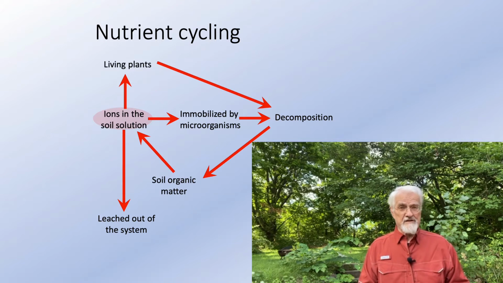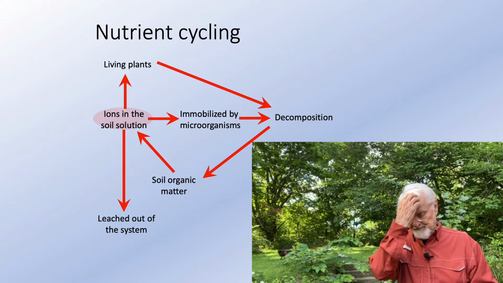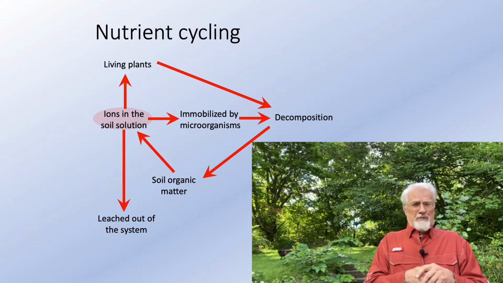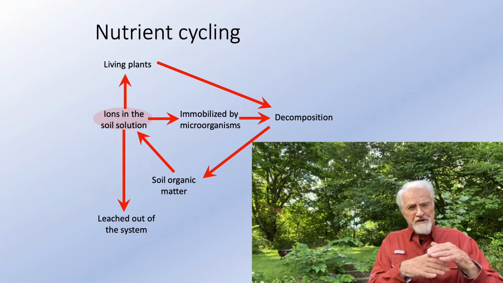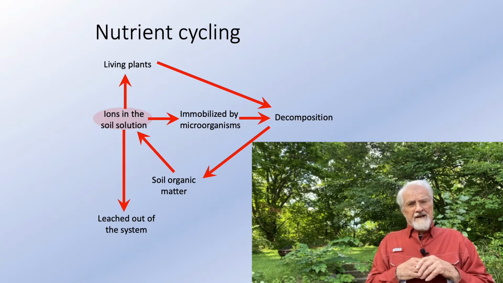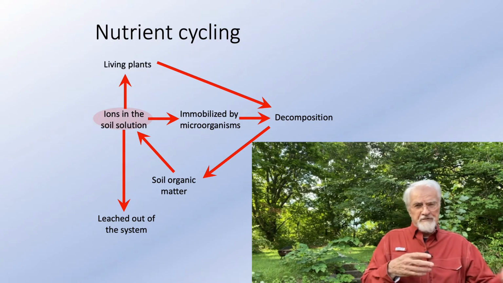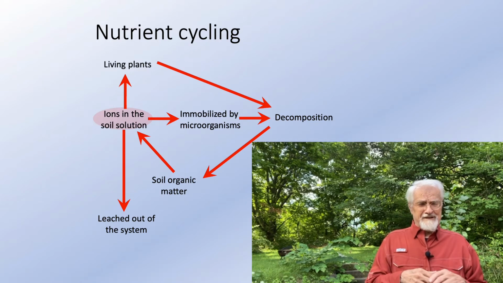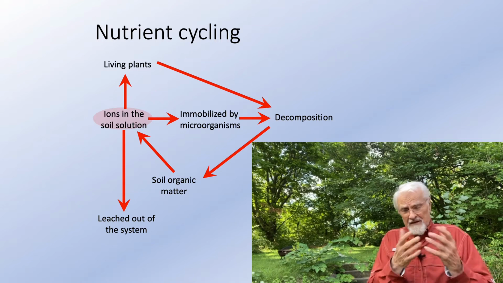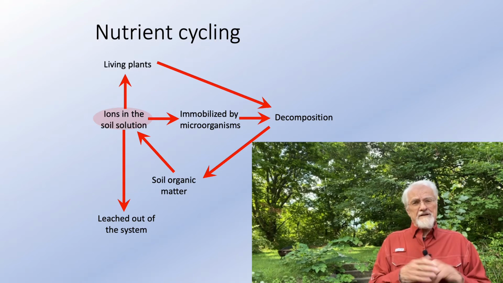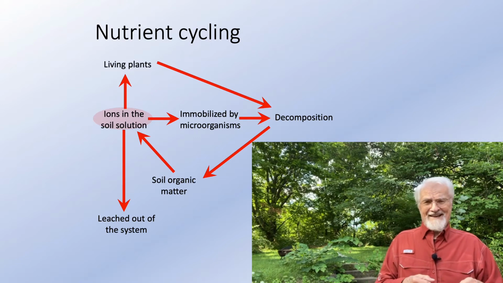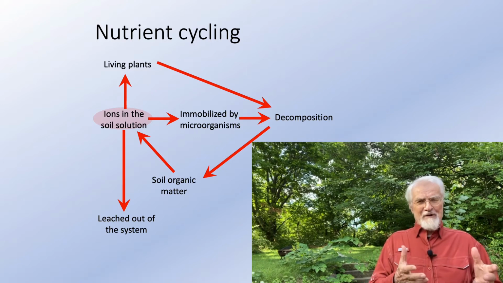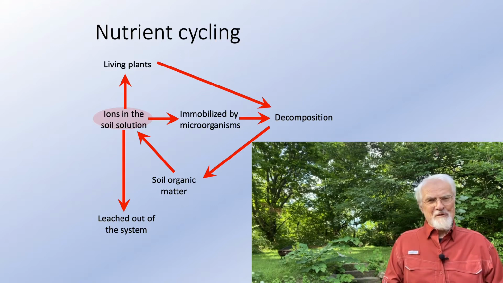Now, when they leach out of the system, of course, they're not available to the plant. So the plant has this problem, especially when it's young. I mean, it can't really absorb all those nutrients. It's just beginning to grow, right? So a lot of the nutrients go to the competitors, the bacteria. A lot of it gets leached out of the soil, and so that is a huge problem, right? Now, I'm treating it as though it's an actual engineering problem. It's not. It just happens this way.